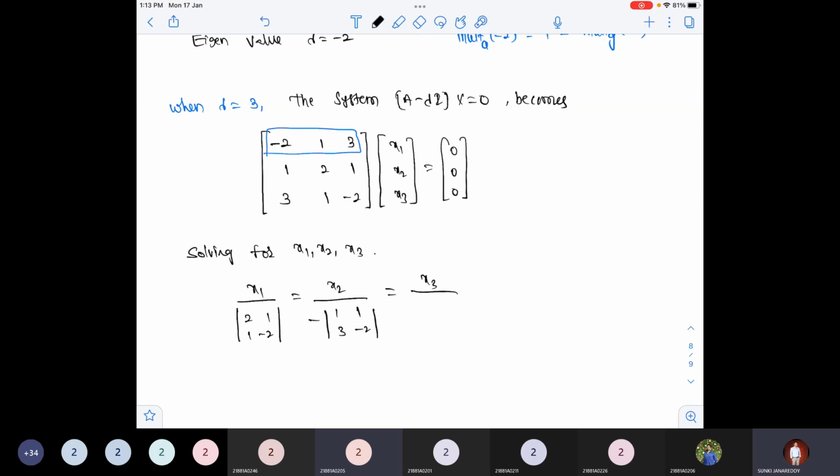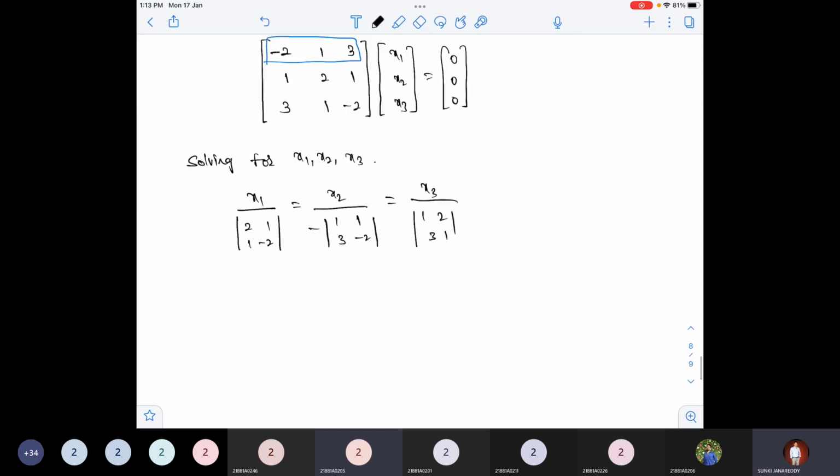then what we can get? 1, 2, 1, 2, 3, 1. Okay, just to find the determinant for this, that implies x1 by minus 4 minus 1, x2 by minus of minus 2 minus 3, next x3 by 1 minus 6.